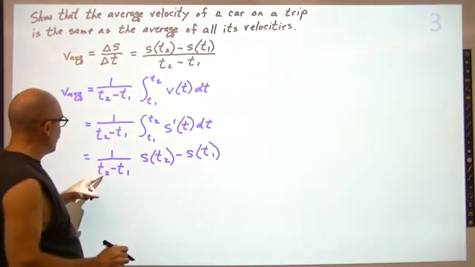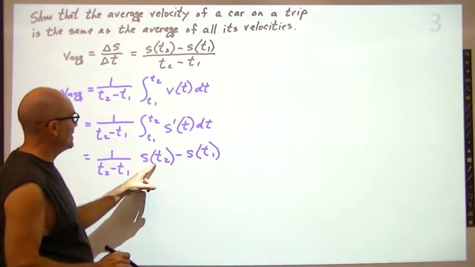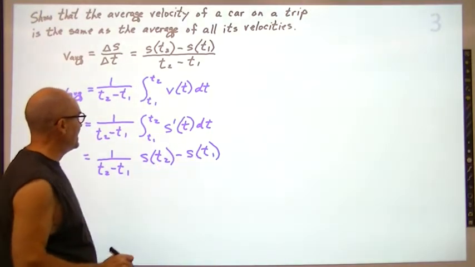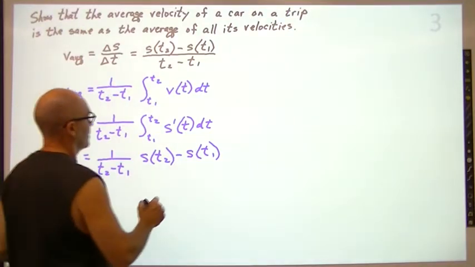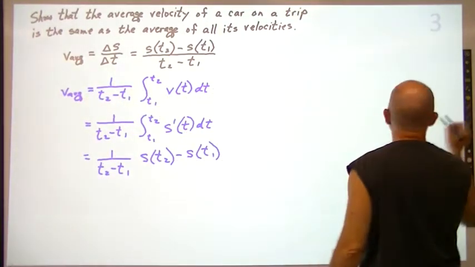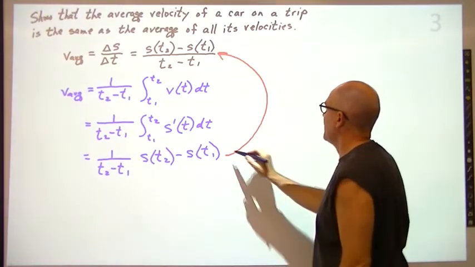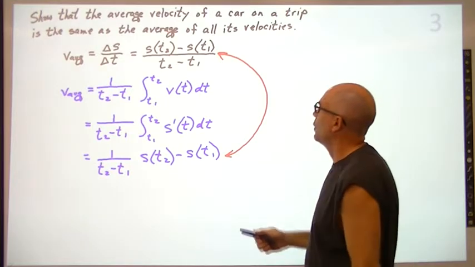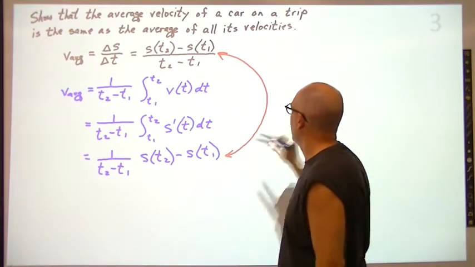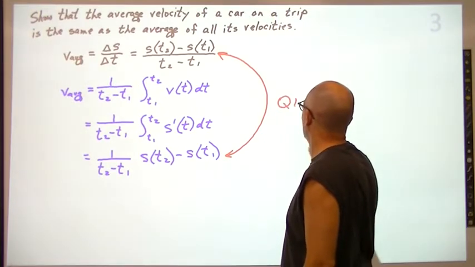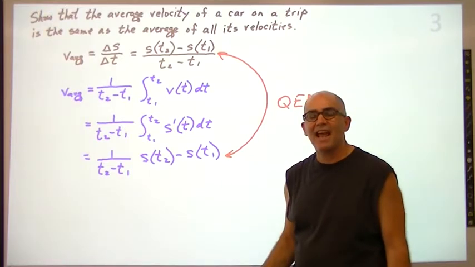So we have 1 over t2 minus t1 times s at t sub 2 minus s at t sub 1. Well, notice that's the same thing that we got when we just did change in displacement over change in time. That's it, QED. Have fun with these.